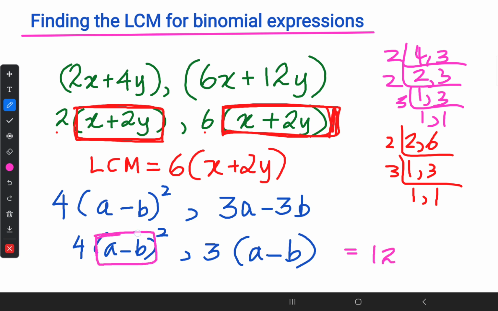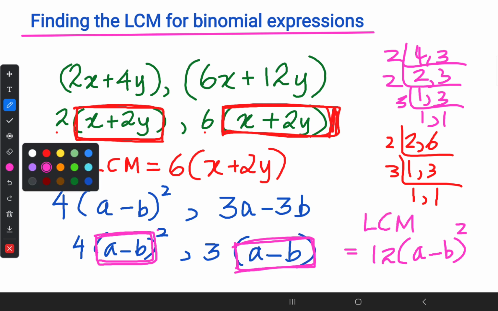One has the square form, and the other has no square. Both have the same base, but this one has a square and this does not. So you have to select the highest power, (a minus b) squared. This would be the LCM for these two values.